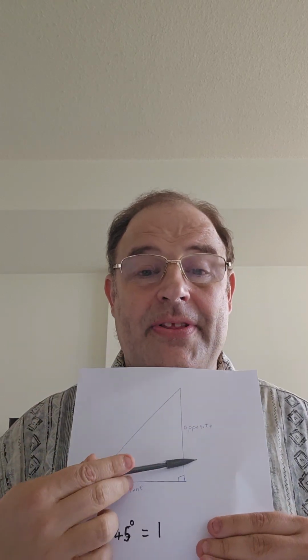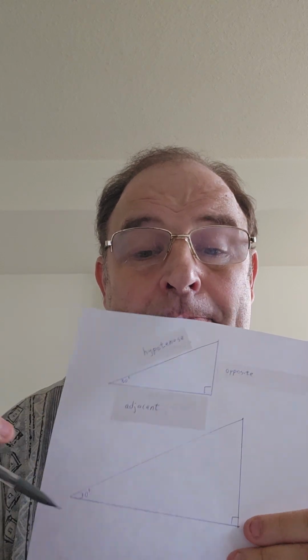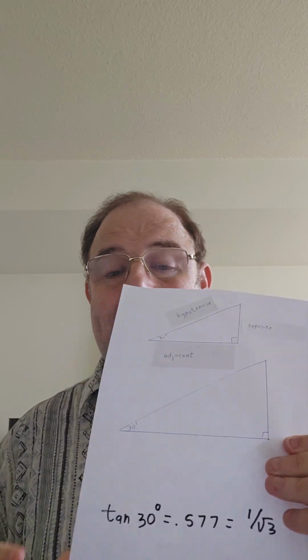If I had a triangle with 90 degrees and 10 degrees here, the length of the opposite divided by the length of the adjacent. But then you might say to me, but what happens if it's a bigger triangle with 30 degrees and 90 degrees? Because it's in the same proportion, that opposite divided by the adjacent will give you the same answer.